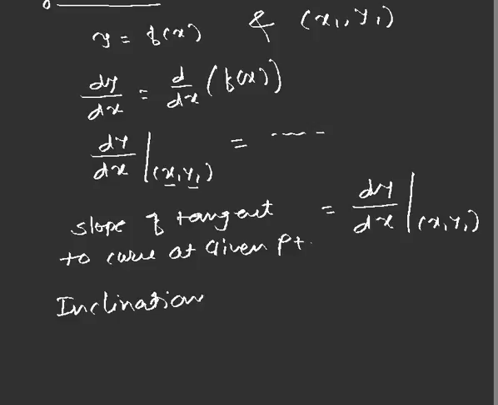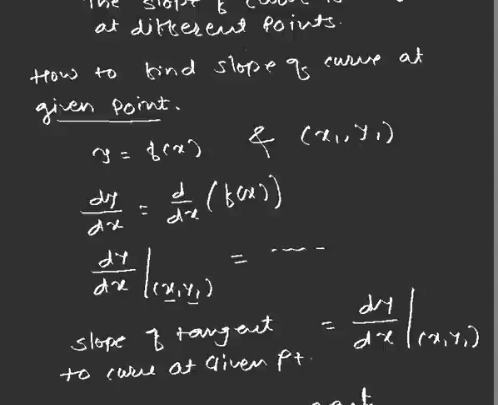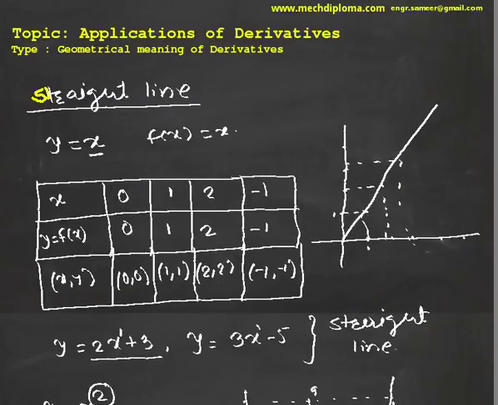We learn in schools that tan of the inclination, tan theta, is equal to dy by dx at x1, y1, or tan theta is equal to simply the slope. Okay, so we will use all this understanding to solve these problems.